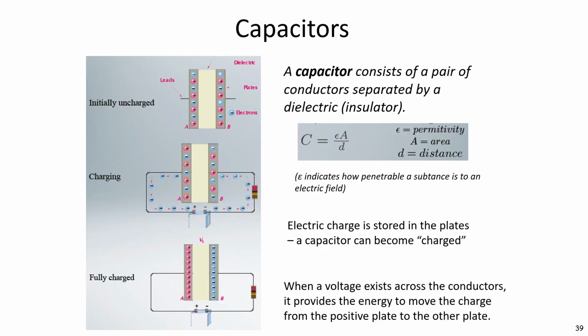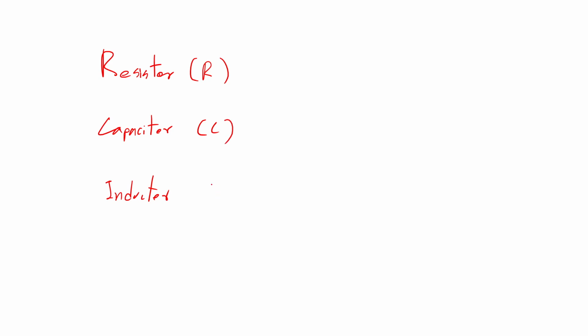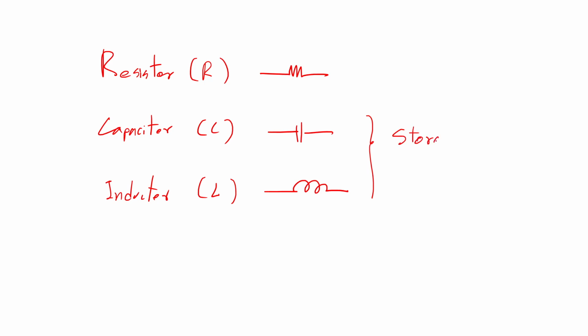Okay. Finally, we have resistor, capacitor, and inductor. And these are the symbols. C and L are storage devices, and R is power consumption.